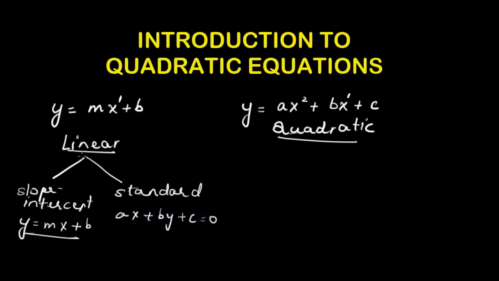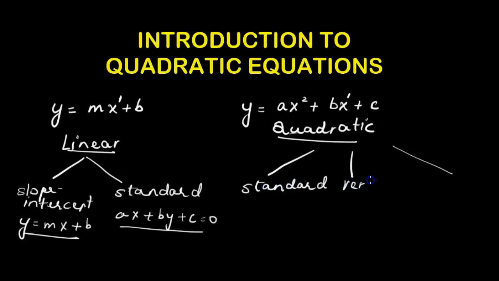The reason we are talking about the forms of a linear equation is to understand that quadratic equations also have different forms. Linear equations have two forms, whereas quadratic equations have three. First is the standard form, second is the vertex form, and third is the factored form.